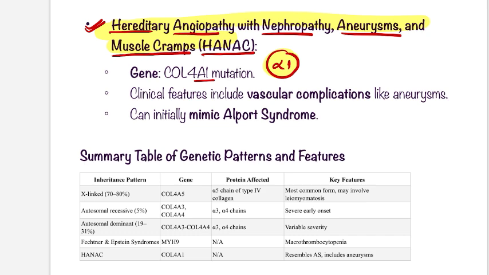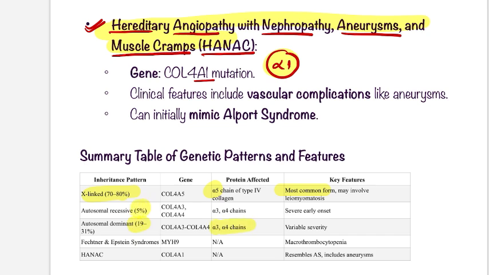To summarize the genetic patterns, which are important because this is itself called hereditary nephritis: X-linked is the most common, and the gene is alpha 5. Autosomal dominant is the second most common, alpha 3, alpha 4.